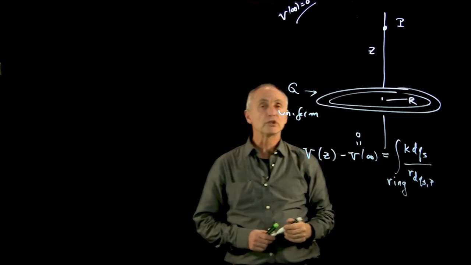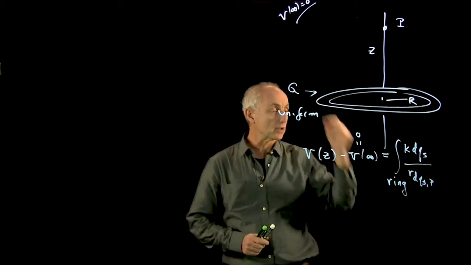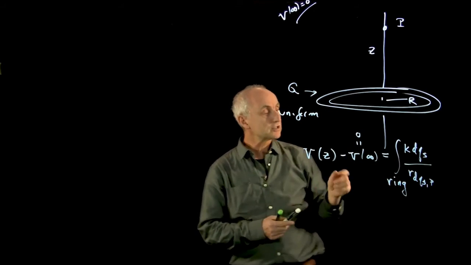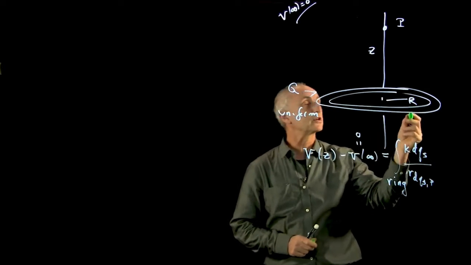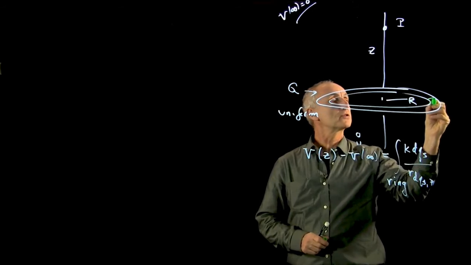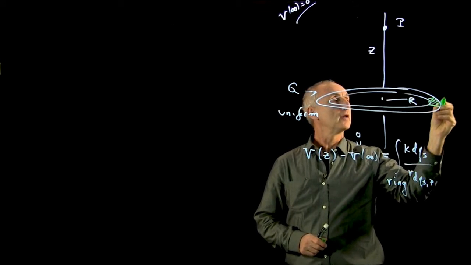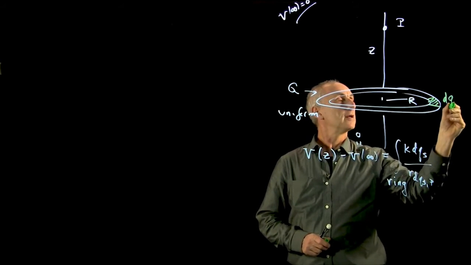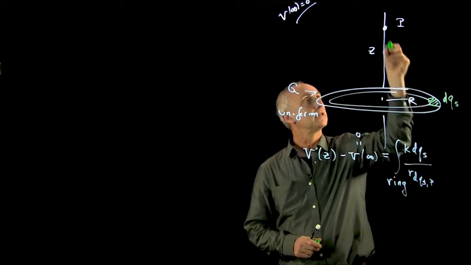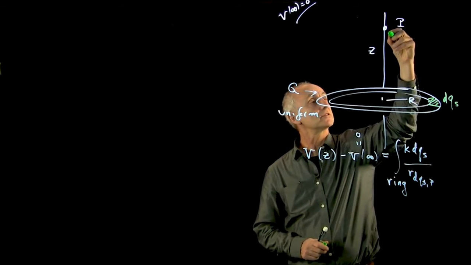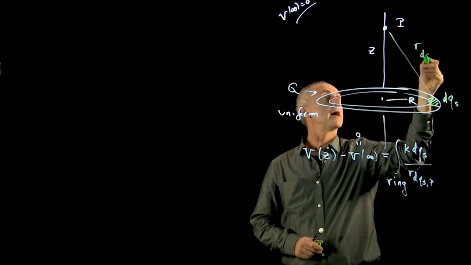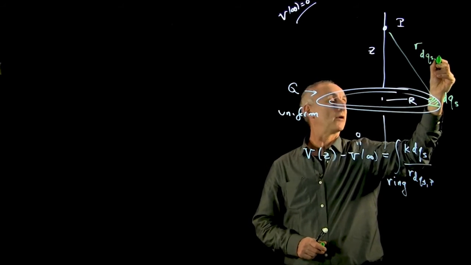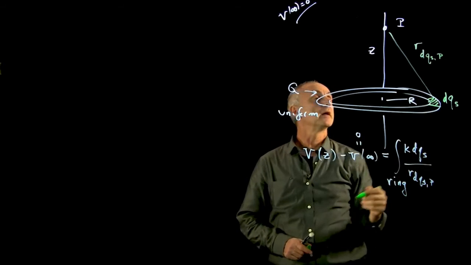Now, we can do this integral a couple of different ways. But first, the key point is to choose a source. And I'm going to pick my source over here, dq source. And remember, the key distance here was the distance from dq source to where our field point P is.